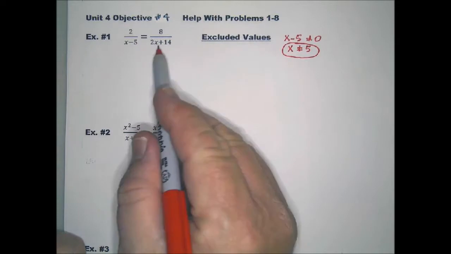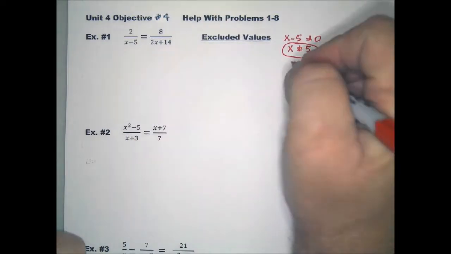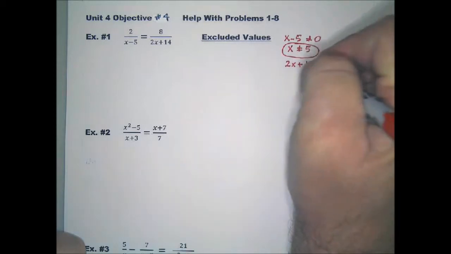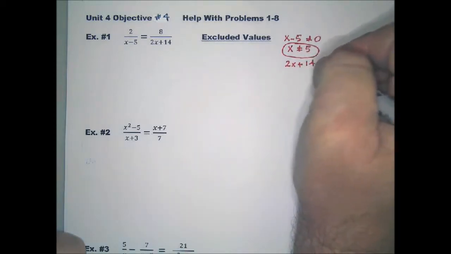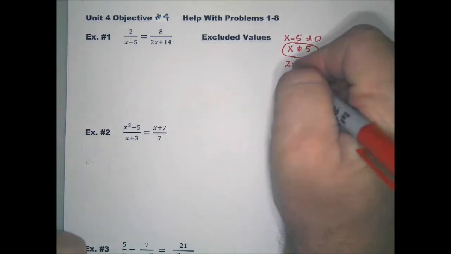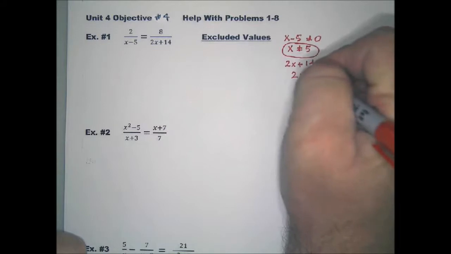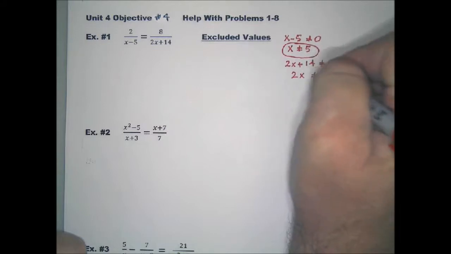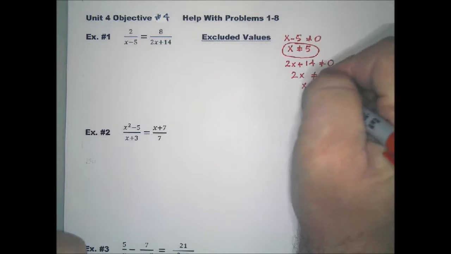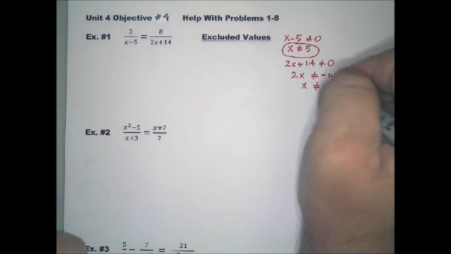And then the other one might take a little bit more work, but it's the same idea. 2x plus 14 cannot equal 0. So just start solving. Subtract 14 from each side. 2x cannot equal negative 14, which means x cannot equal negative 7.